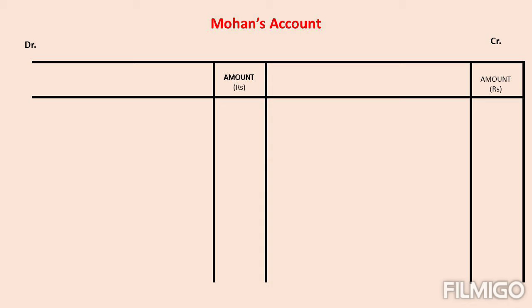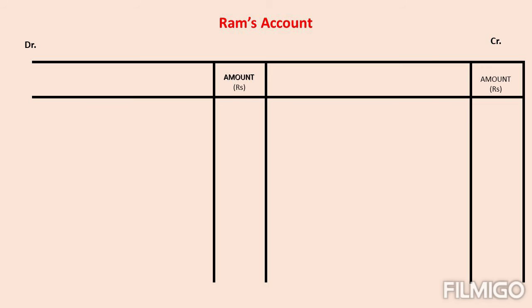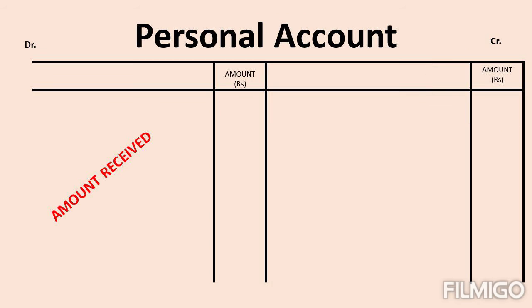Therefore, in Mohan's personal account, an amount of rupees 1000 will be debited as Mohan is the receiver. In Ram's personal account, rupees 1000 will be credited as Ram is the giver. Debit side of a personal account shows how much money is received and the credit side shows what was paid.